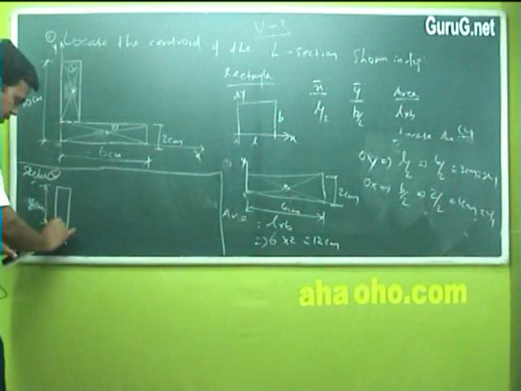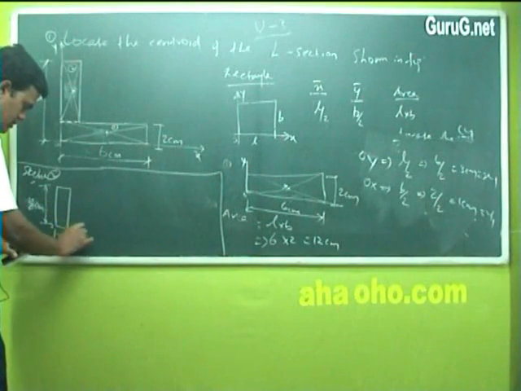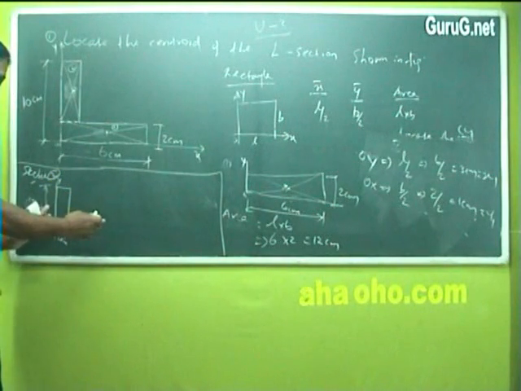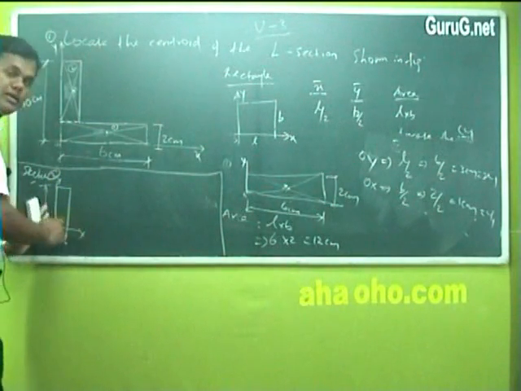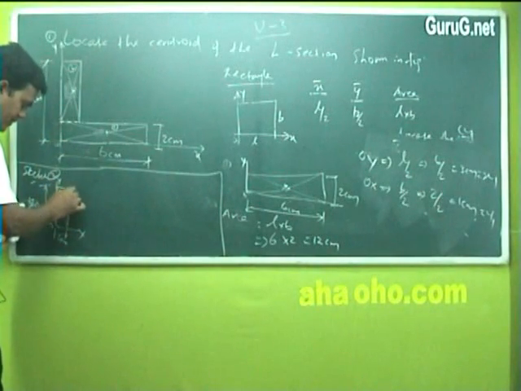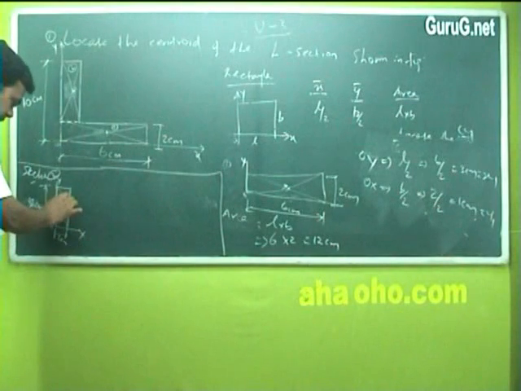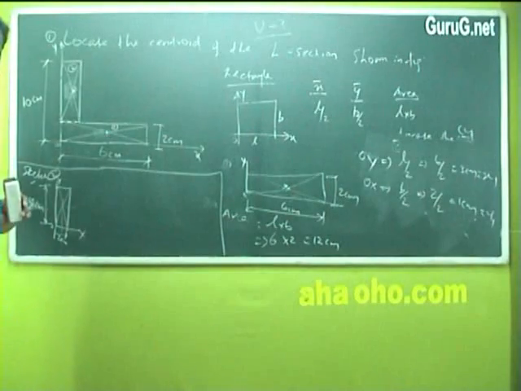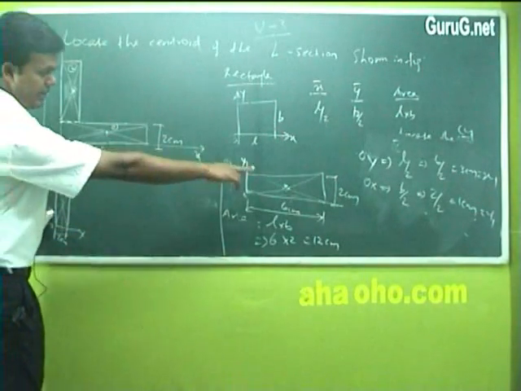For this, this is my OX and this is my OY line. Again I have to find the center point in the OX direction and the center point in the OY direction. I will be dividing into 2 values. The center point of OX will be here, OY will be somewhere here. Now I will write the same shape.